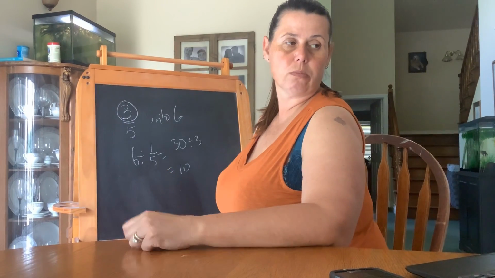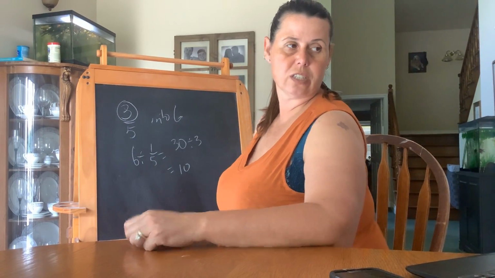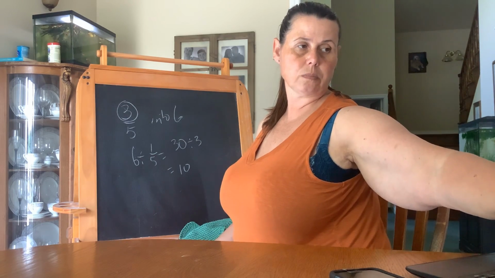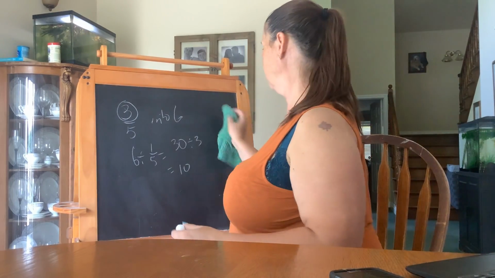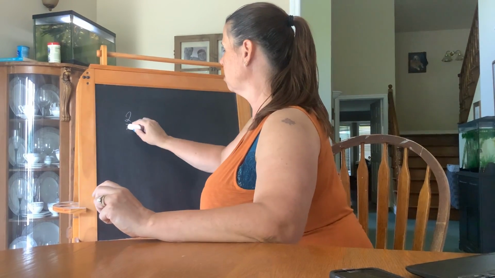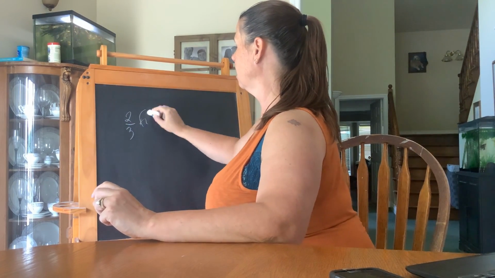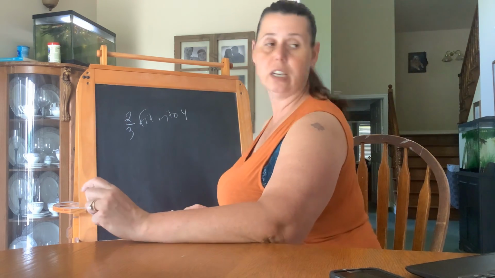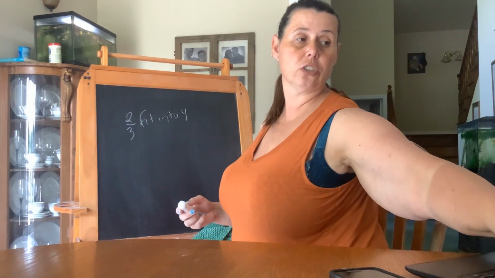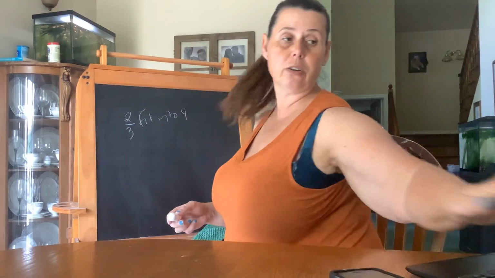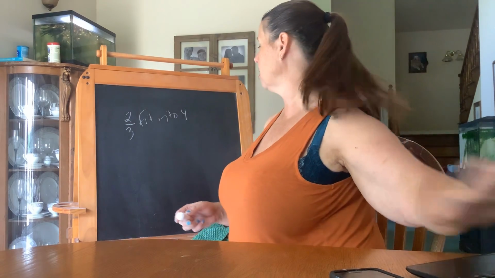Write each answer from question 3 as a division statement. So your very first question we did was, how many pieces of 2/3 fit into 4, right? So we need to change that into a division statement. So we found out the answer was 6, right?